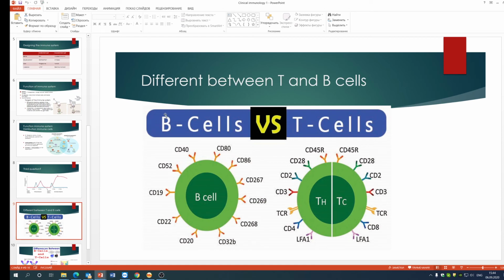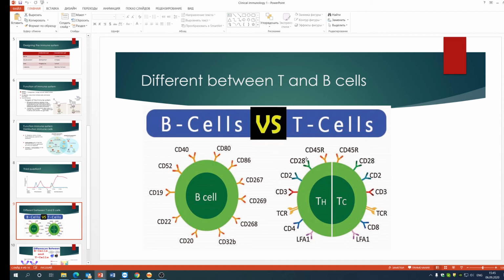The next picture reflects the difference between T and B cells, in their receptors. B cells have important activation receptors, CD14-18 and others. T cells have some similar receptors.